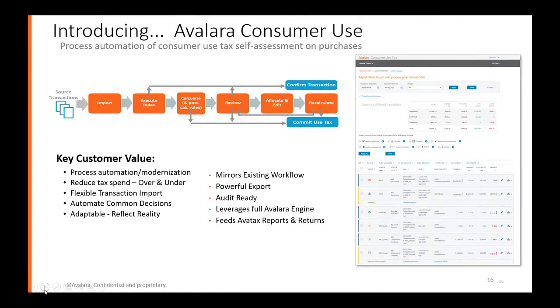And ultimately, you can accurately report the determined consumer use tax as a single part of the overall tax reporting and tax filing process.